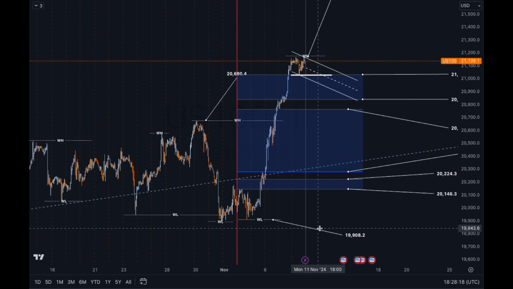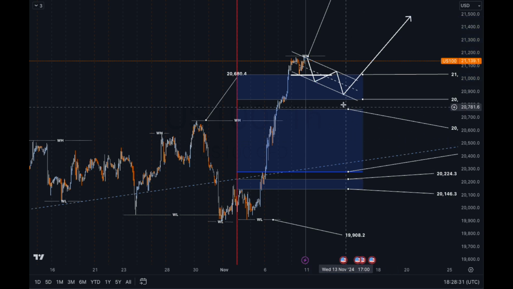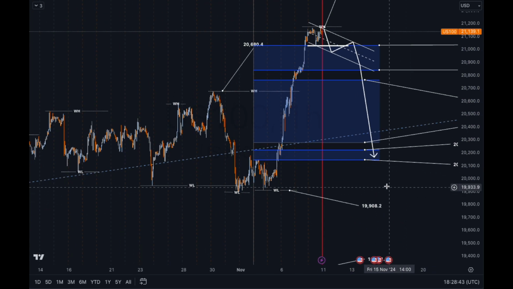So you could do something like this. So price could do something like this from where it is right now, and then blast off. So we've got to be mindful of that. Or it could totally collapse and come all the way down to this level, if things go our way.